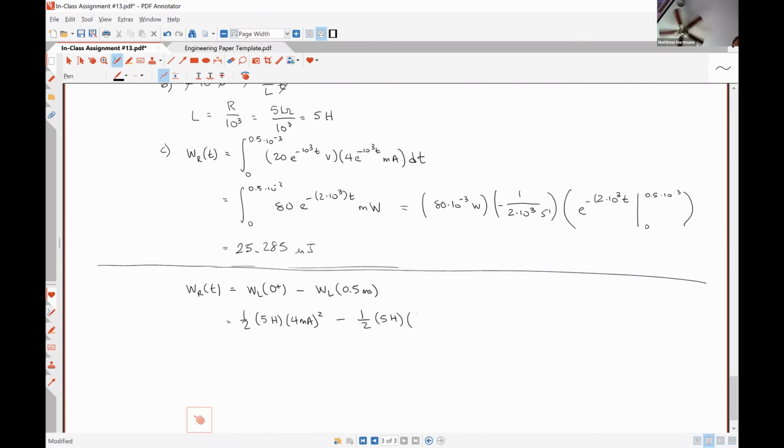And then here, we're going to have 4e to the minus 10 to the 3, 0.5 times 10 to the minus 3 milliamps squared. So let's see what number we get.